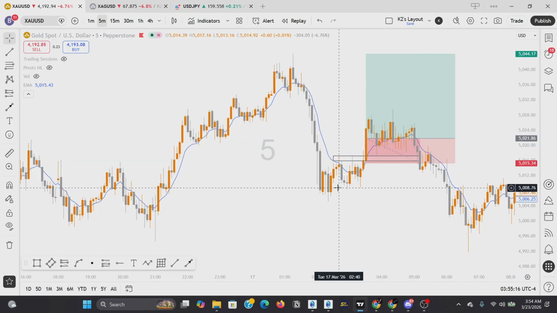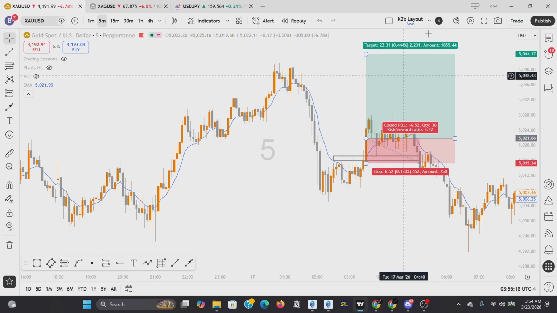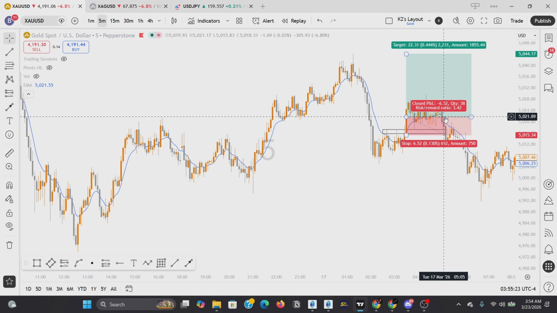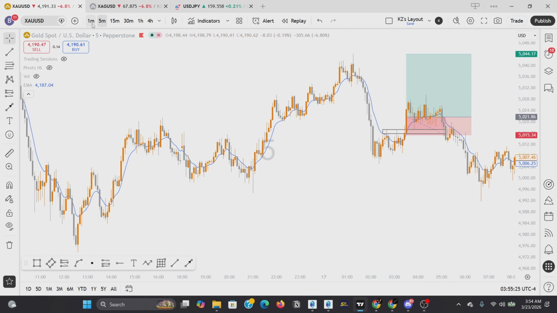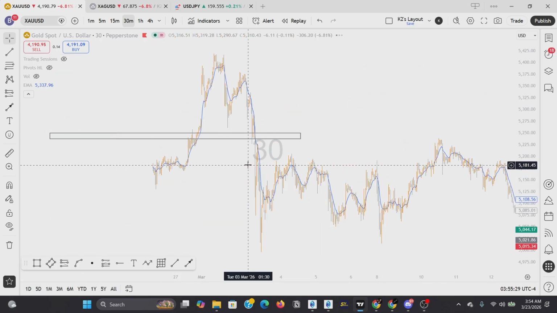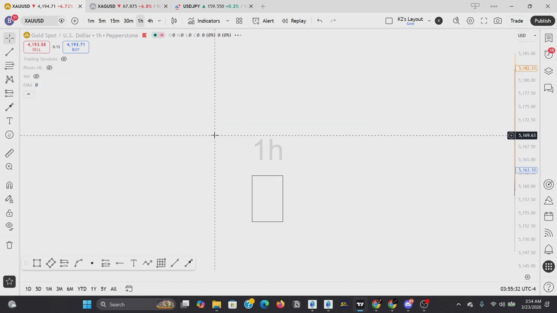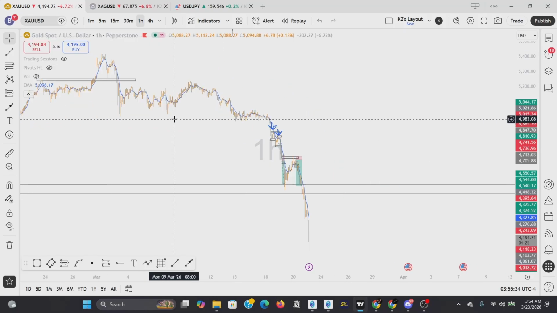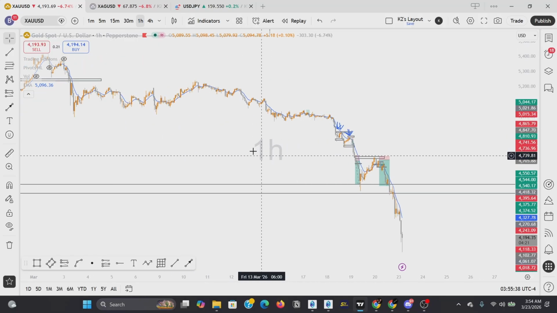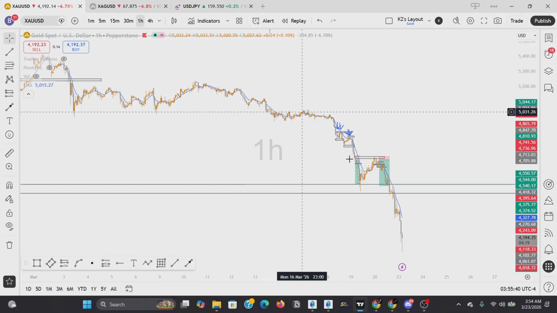Now, I lost this trade because I tried to buy up. While, yes, it was an uptrend, it being an uptrend didn't matter because overall, on the higher time frame, price was bearish.